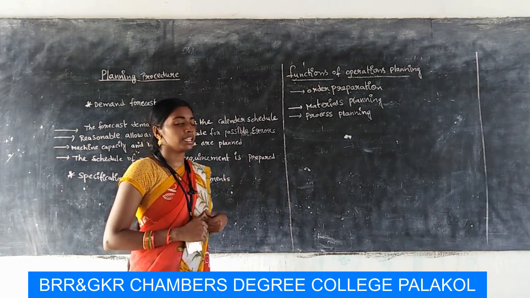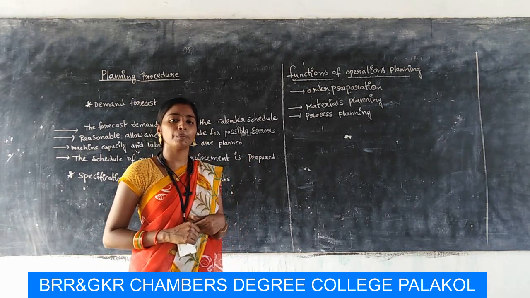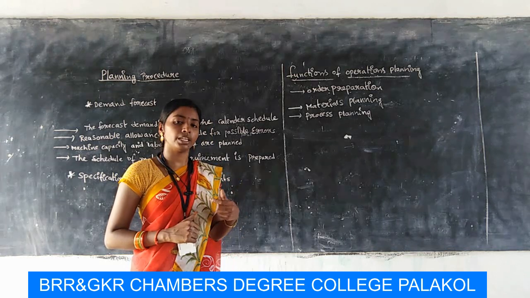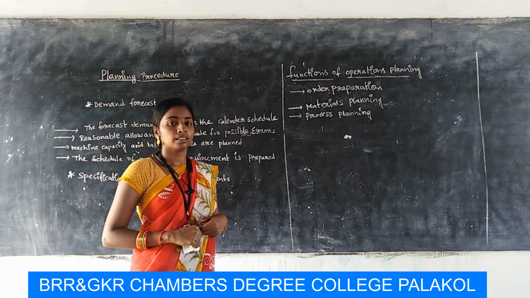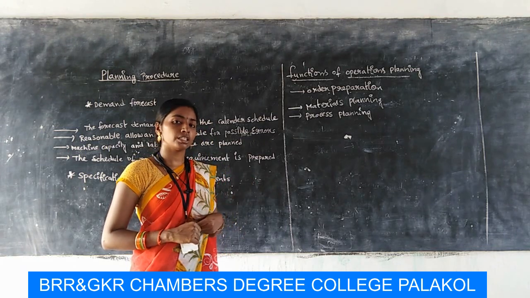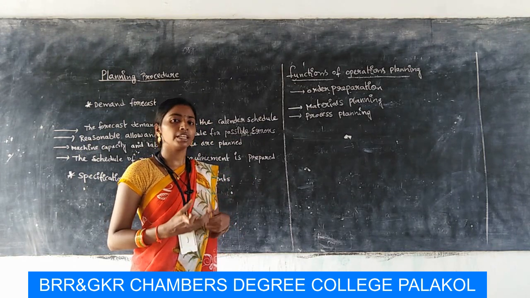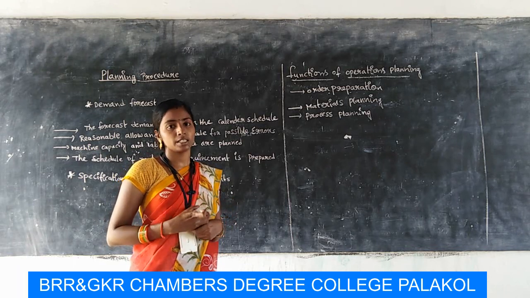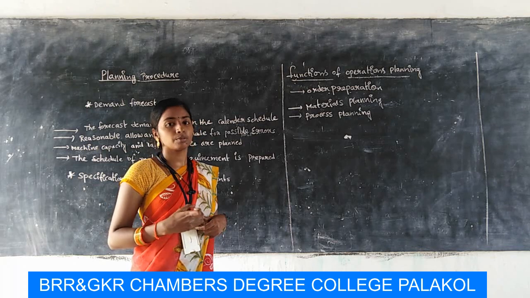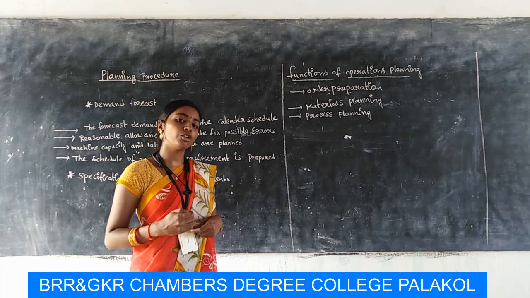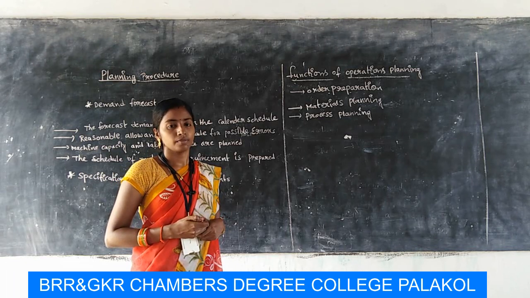The first one is order preparation. We have to prepare the orders of the customers. It is nothing but the sales and manufacturing departments being coordinated. When we are preparing operations planning, we have to decide the order preparation process, which means we have to prepare work orders for the activities.